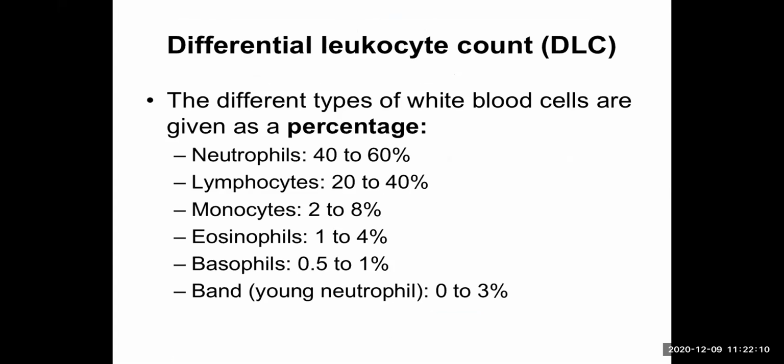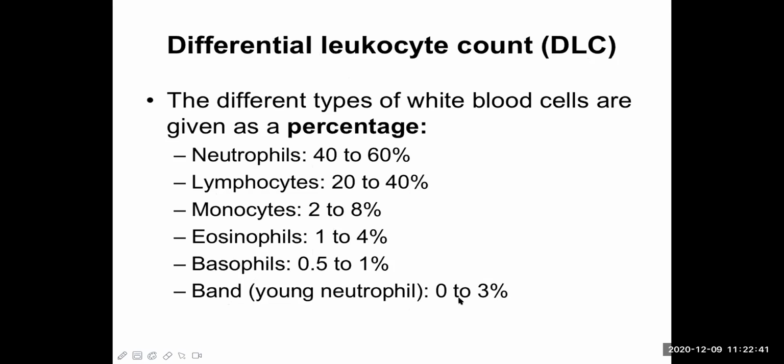Now, according to the percentage, what is the percentage of these different WBC? This is known as differential leukocyte count, or DLC. Neutrophil consists of 40 to 60%, lymphocyte 20 to 40, monocyte 2 to 8, eosinophil 1 to 4, basophil 0.5 to 1%, and band cells, which are also known as young neutrophils, comprise 0 to 3% in some of the portion, not all.